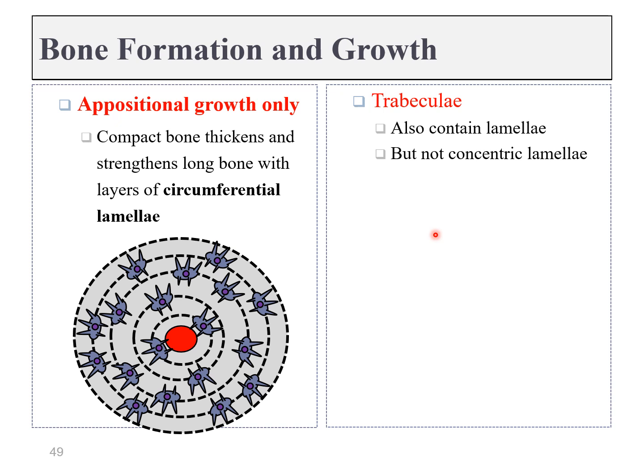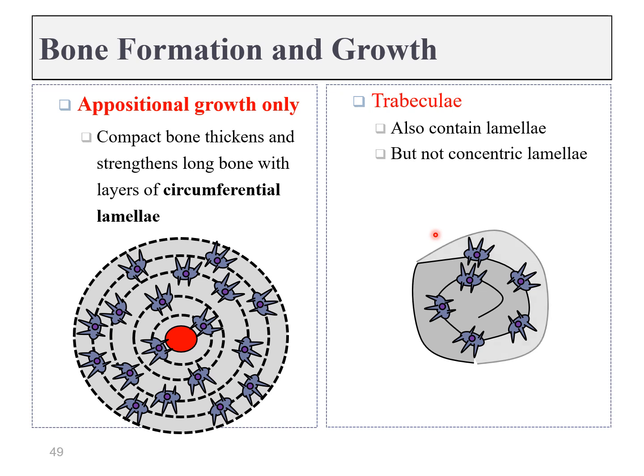The trabeculae also have layers similar to an osteon, but there is no central canal, and the layers are not concentric. They spiral outwards. Nevertheless, there are still osteocytes living in lacunae connected to each other by canaliculi, but they get most of their nutrients from their outer edges, and it diffuses inwards.